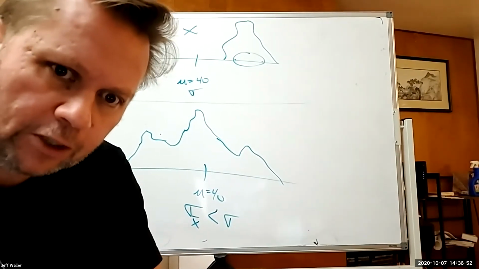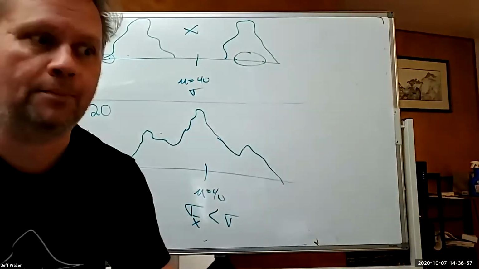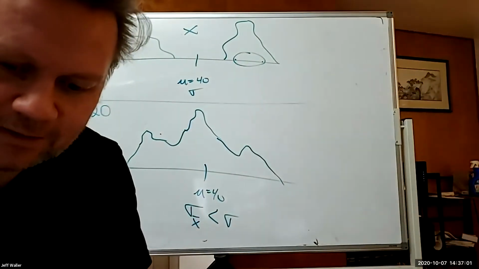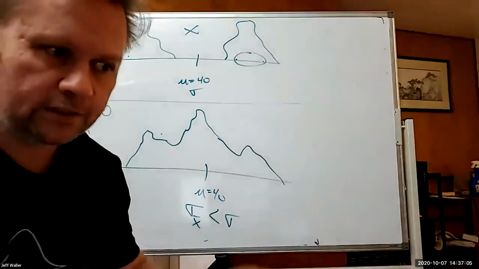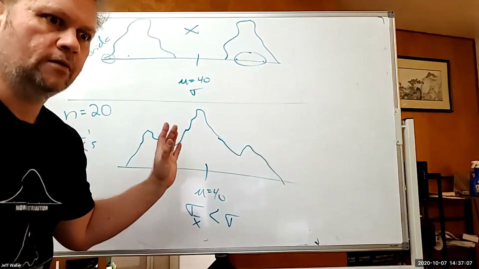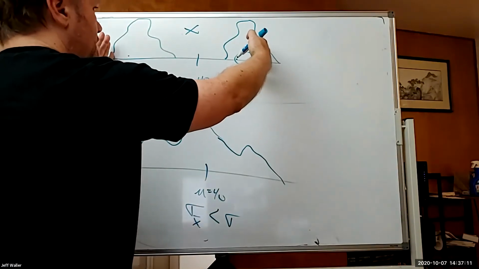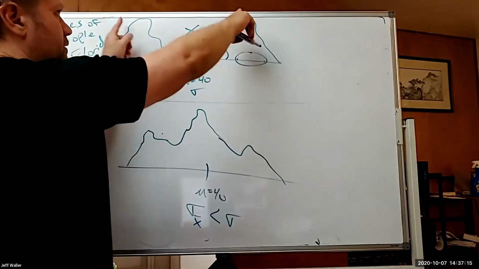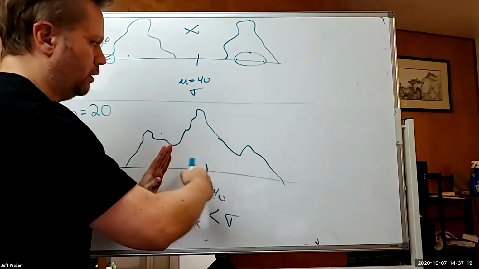Would that freak you out? Think about it. What would you do? You'd stop and go, what has happened? These are random people. How could they all be that old? So that's what this is related to. It's going to be very unlikely to have a group very far away from this, nowhere near as likely as it used to be, because the standard deviation has gotten smaller.